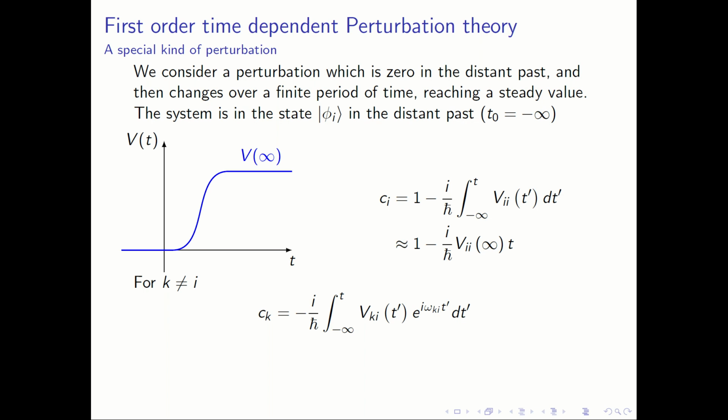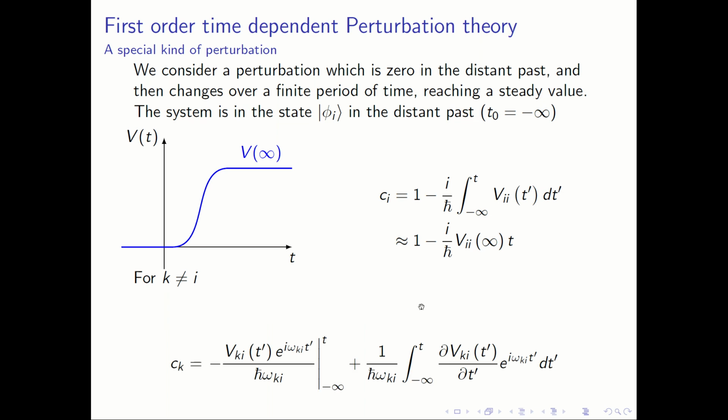Of course, the way to do this is by using integration by parts, in which vki is to be taken as a so-called first function, the term which is differentiated, and the e to the i omega ki t prime has to be integrated. So the integration by parts is rather trivial. Vki t prime into e to the i omega ki t prime integrates to e to the i omega ki t prime by i omega ki. There was a minus i by h cross already, and the i here cancels and you end up with h cross omega ki.